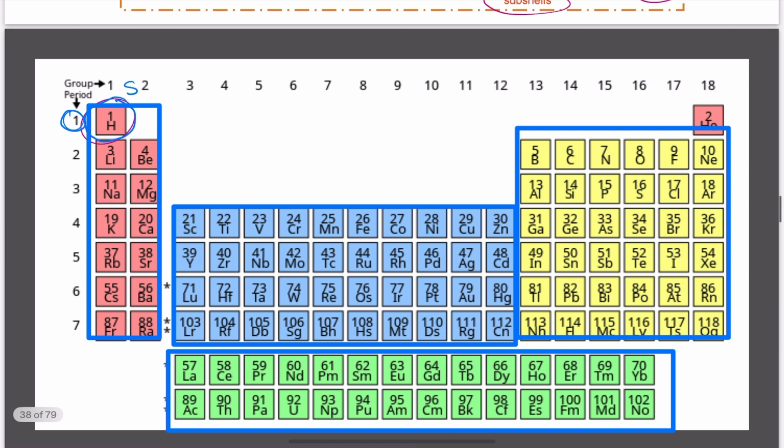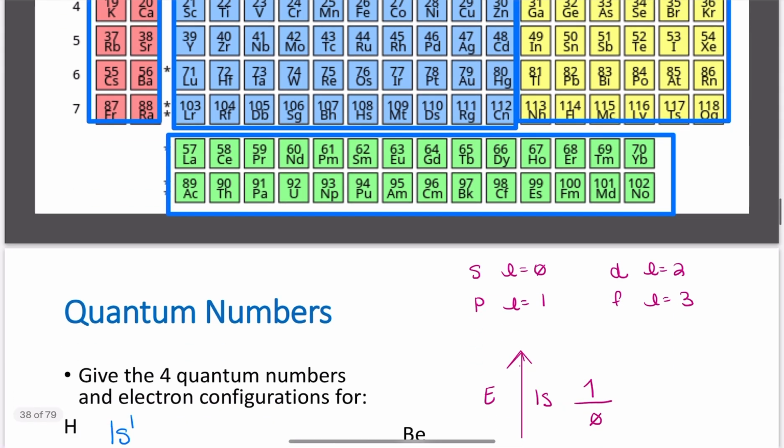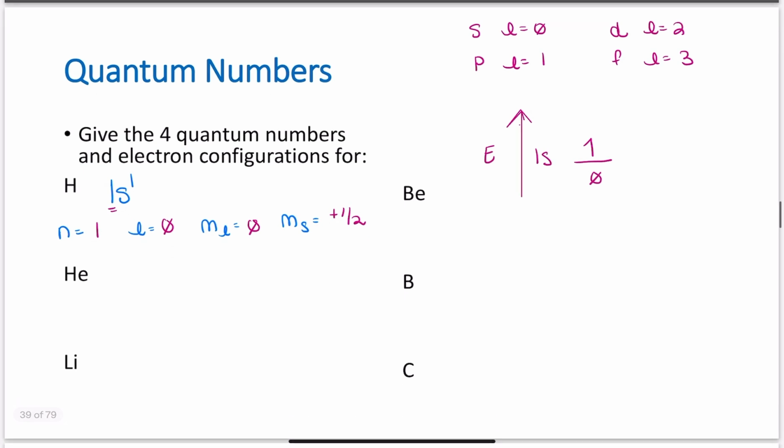Let's look at helium. Again, I told you guys that helium fits right here when it comes to electron configuration. So I'm still in the n equals 1 energy level. I'm still in the s block, but now I've counted 1, 2 spaces. Helium has 2 electrons in a neutral species.